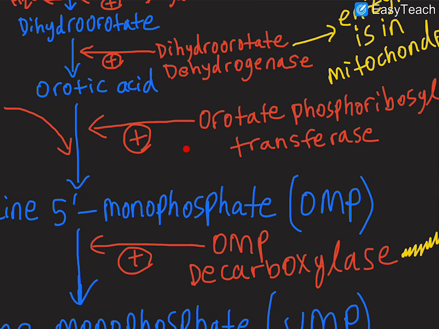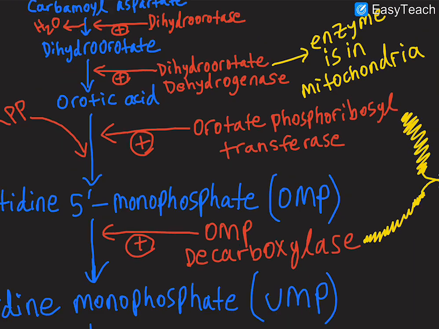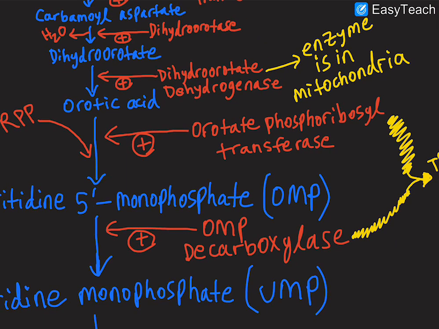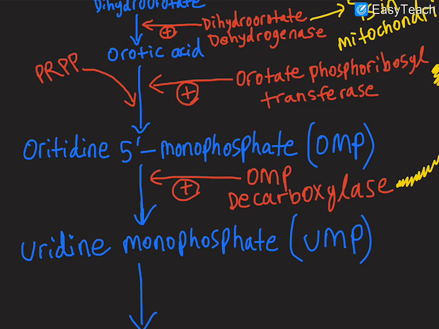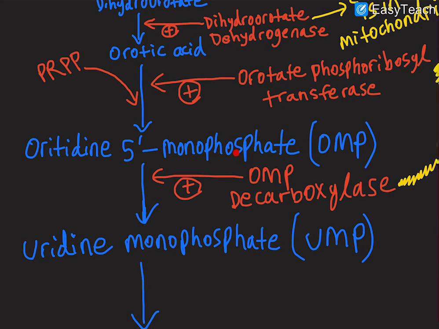All right, cool. So let's zoom out just a tad bit and then scroll down. We're at OMP now, and we have to go from OMP to UMP. The way we're going to do that is we're going to decarboxylate OMP with the help of an enzyme called OMP decarboxylase.